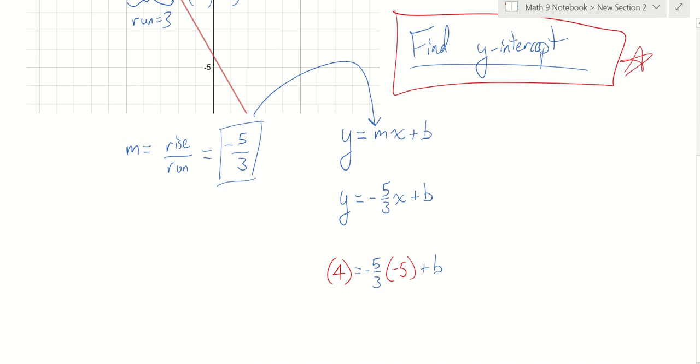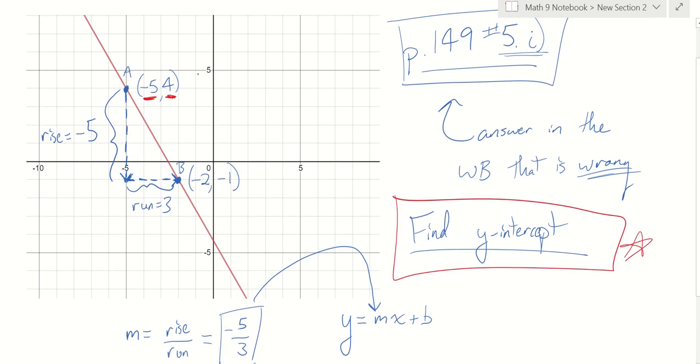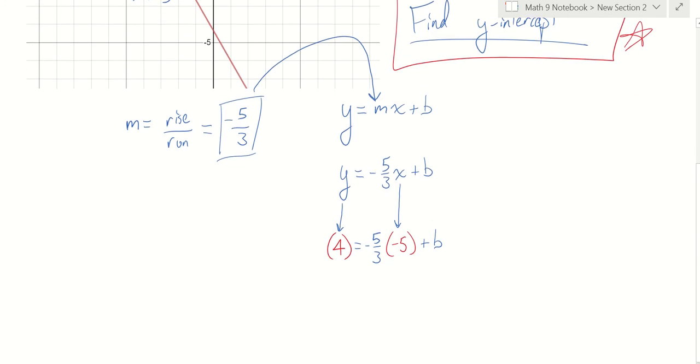And then to find the only real missing part of this equation, the y-intercept, what we do is we substitute in corresponding values of y and x that we know are true for that line. So for this particular line, we know the point -5 and 4. We know the point -5 and 4 is on that line. So we know for this corresponding equation, when x is -5, y then must be 4. So what is a b value that makes that true? So let's give this a shot.